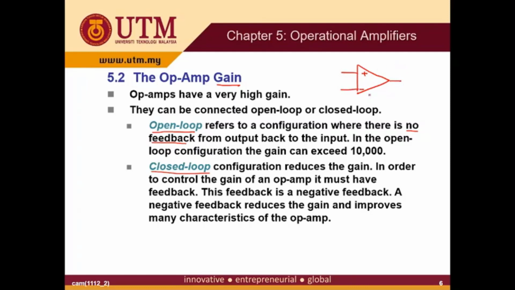This configuration is without any feedback. When you measure the V out, with V1 and V2 as inputs, and then calculate the gain, it is the open loop gain.